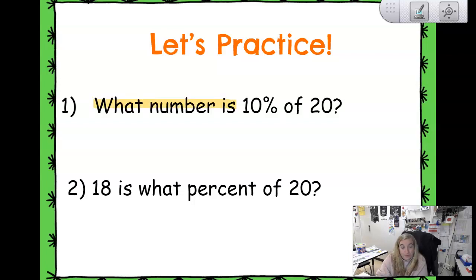I don't know. It says what number is. Equals the percent, 10%, times the whole of 20. So go ahead, take a moment, set that up, and think about mathematically, what do you need to do to be able to simplify that?